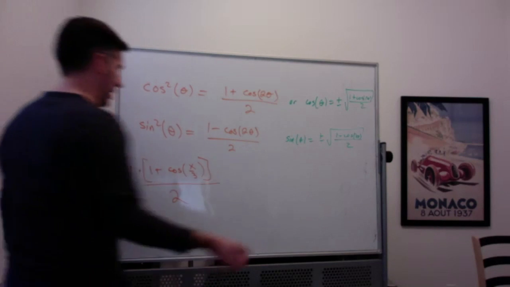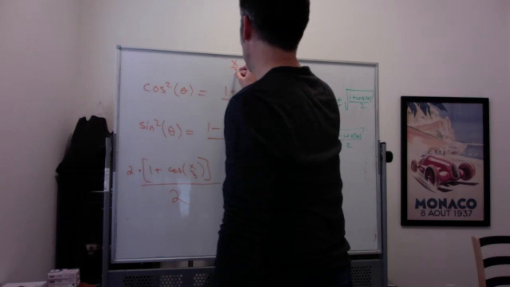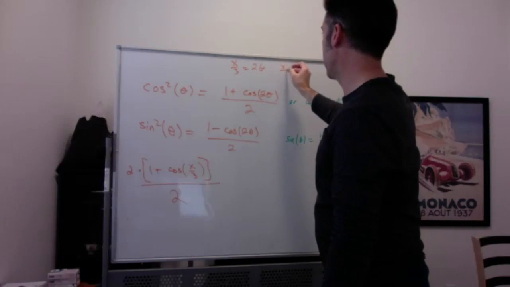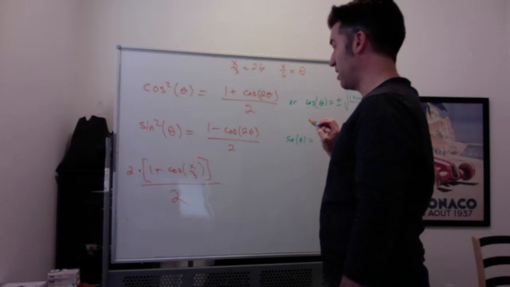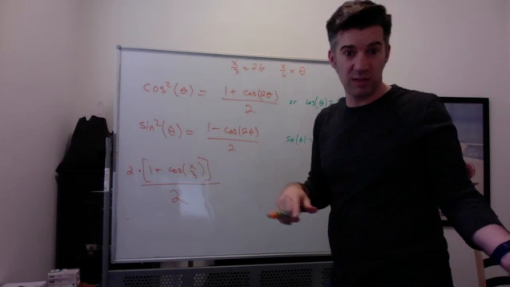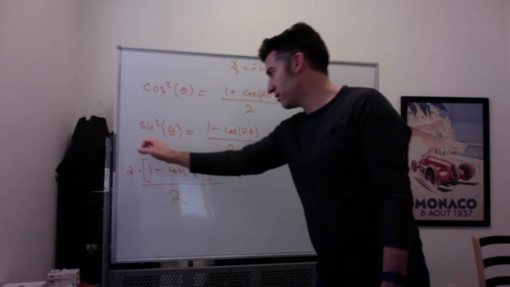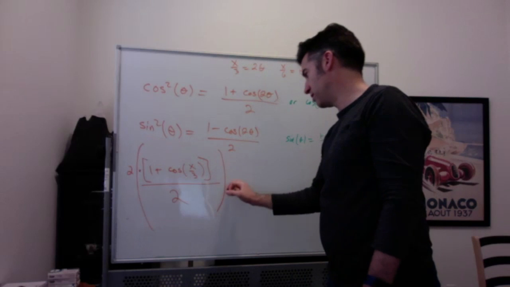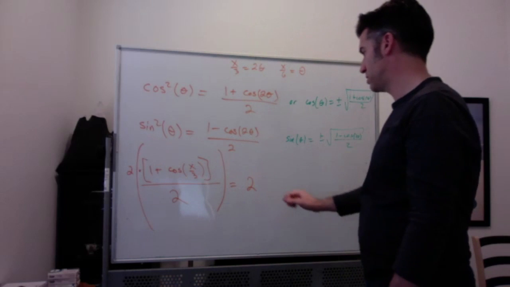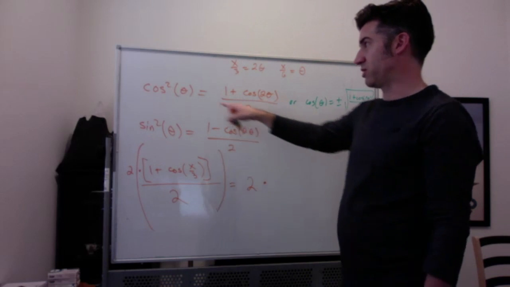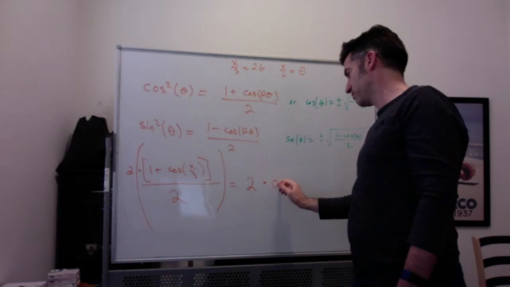If I'm pretending x over 3 is equal to twice theta, so that x over 6 is equal to theta, I can say this is equal to 2 times 1 plus cosine of 2 theta over 2, which is equal to cosine squared of theta.